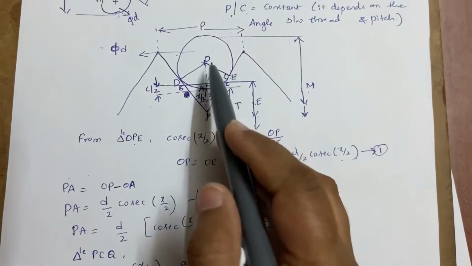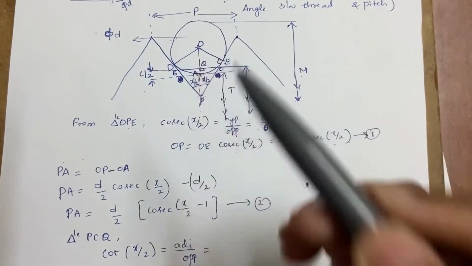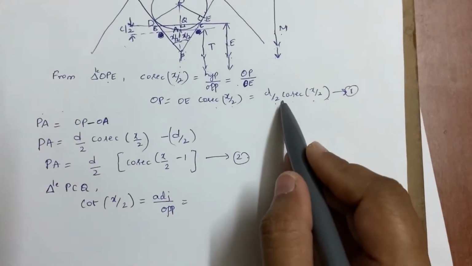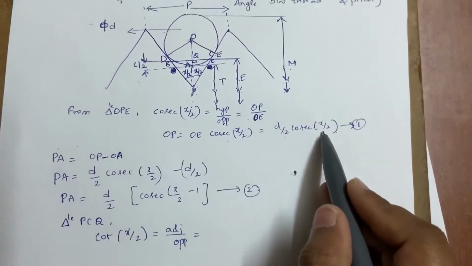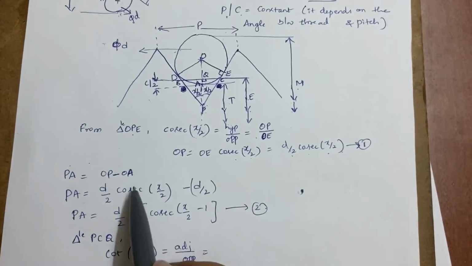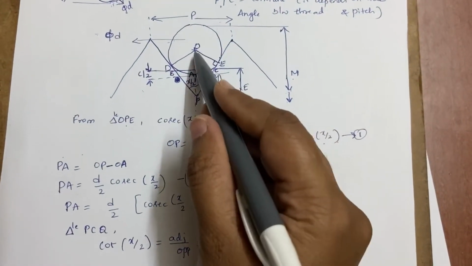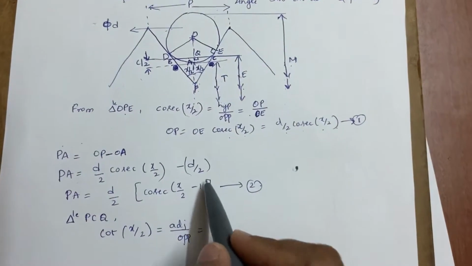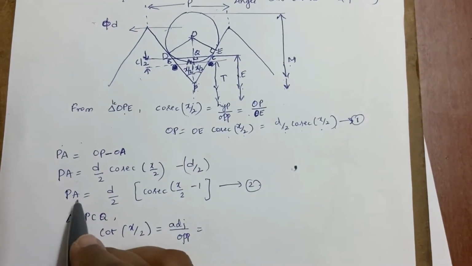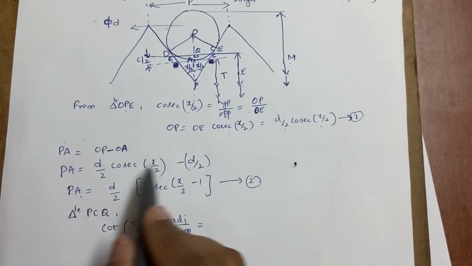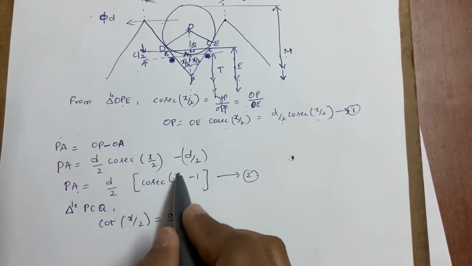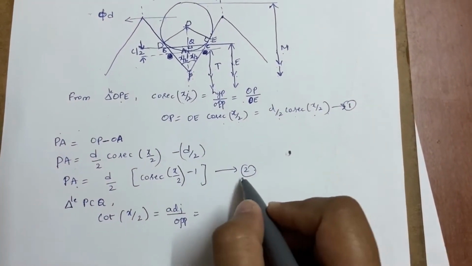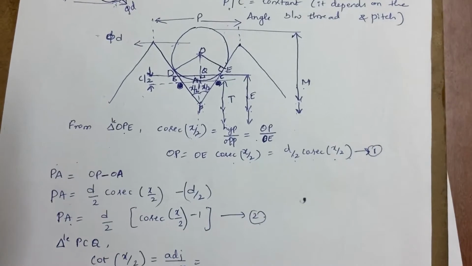OP we have just calculated as D by 2 cosecant x by 2, and OA is D by 2. So PA is equal to D by 2 times cosecant x by 2 minus 1. This is our expression number 2.